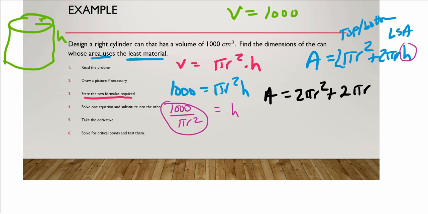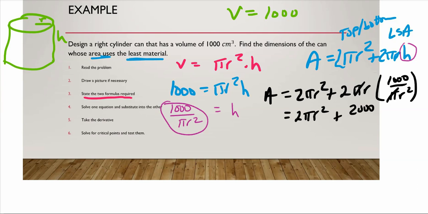But h now is 1,000 over pi r squared. If I simplify that, I have 2 pi r squared, and the pi is going to reduce, and I'm going to end up with 2,000 over r.